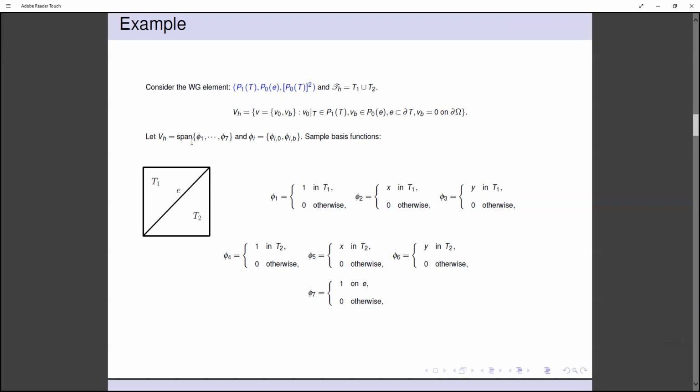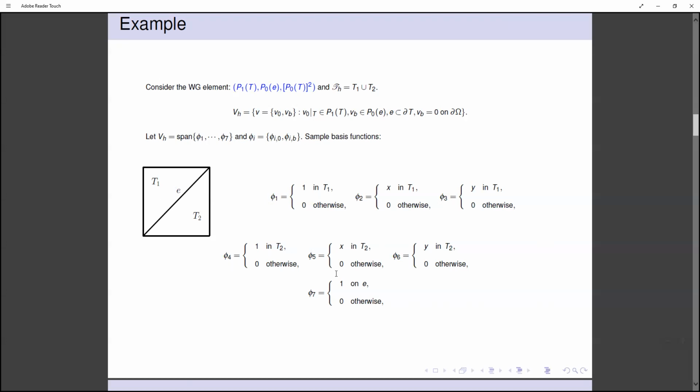In other words, VH can be written as a linear combination of phi1 to phi7. The following is a sample of basis functions. Now, phi1, phi2, phi3. Let's look at phi1. Let phi1 equal 1 inside T1 and equal 0 on the boundary of T1 and 0 on the whole of T2. So phi1 is only non-zero inside T1 and 0 otherwise. Phi2 is equal to x inside T1, 0 otherwise. So on for phi3. So 1, x, y form all the linear functions non-zero on T1.